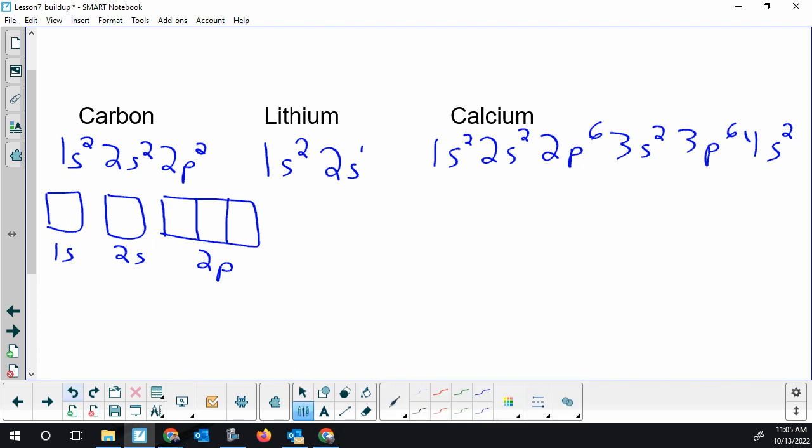We've got to do parallel spins until we fill the box. So 1s is all we have at the lowest energy. In 1s, we're going to fill our 2 electrons. We move to 2s. 2p is a different energy, so I'm putting some dashed lines just to separate out visually the energies. You don't have to put the dashed lines in your answers, but you've got to fill all the boxes to get to a different energy. 2 electrons.